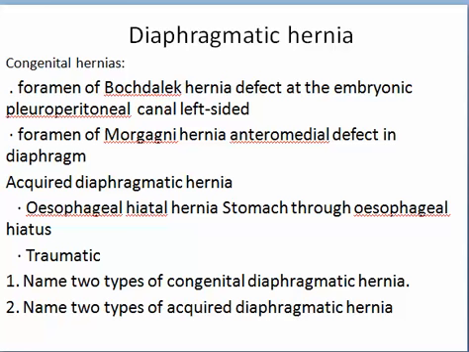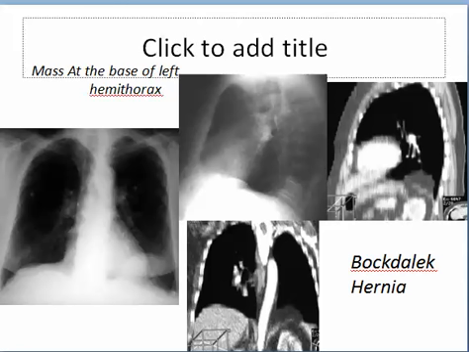Name two types of congenital hernia. So it is Bochdalek posterior, Morgagni anterior. Name two types of acquired hernias. It is the esophageal hiatal hernia and trauma. Of course, esophageal hiatal hernia has two types. What is posterior? It is Bochdalek.